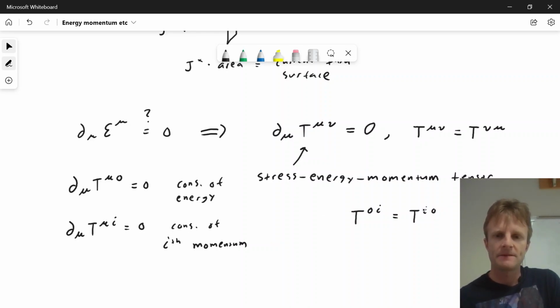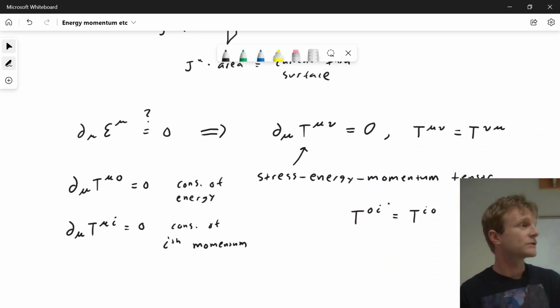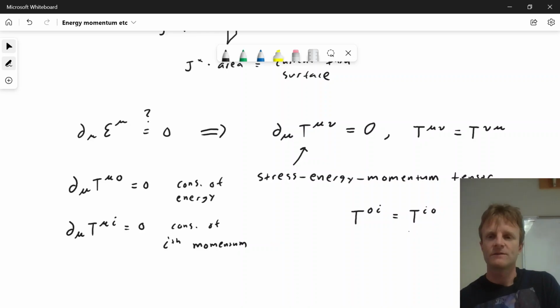Ti0 is the spatial part of the energy density 4-vector, the analogous thing to the charge current 4-vector. So this thing is the flux of energy in the ith direction.